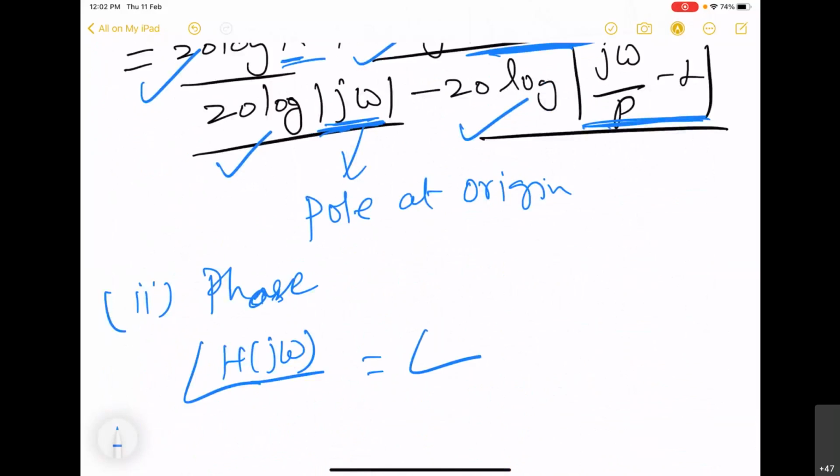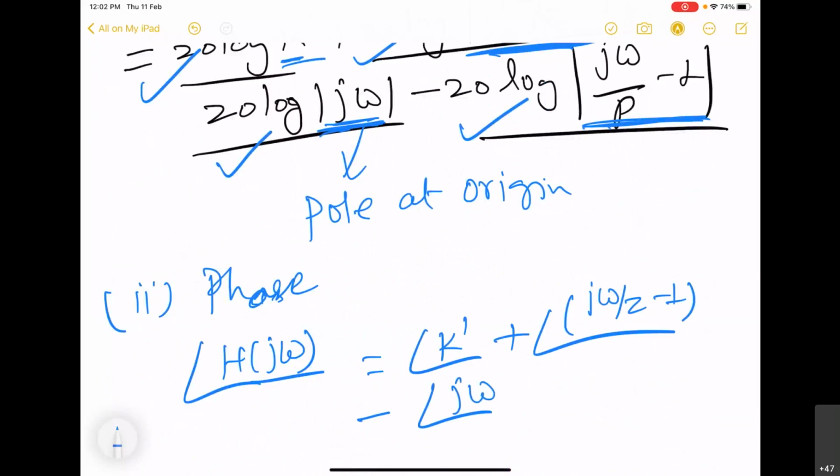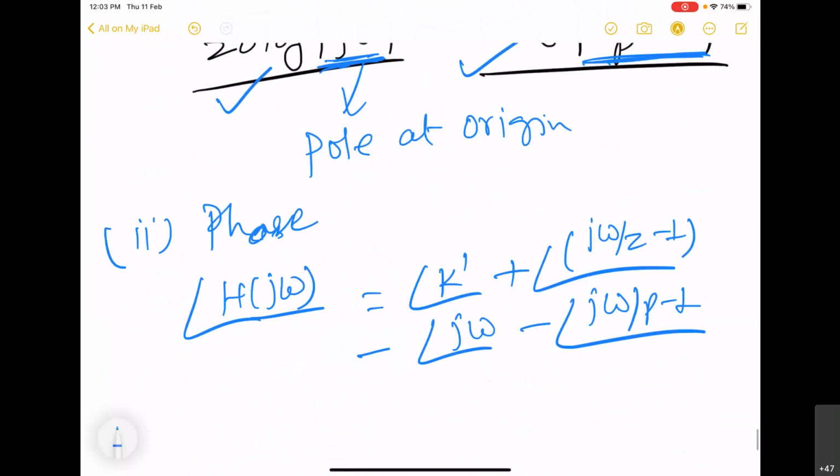So the phase is simply going to be the phase of K dash plus the phase of (j omega by z minus 1) minus the phase of the denominator terms. So this is going to be the phase plot of the frequency plot.